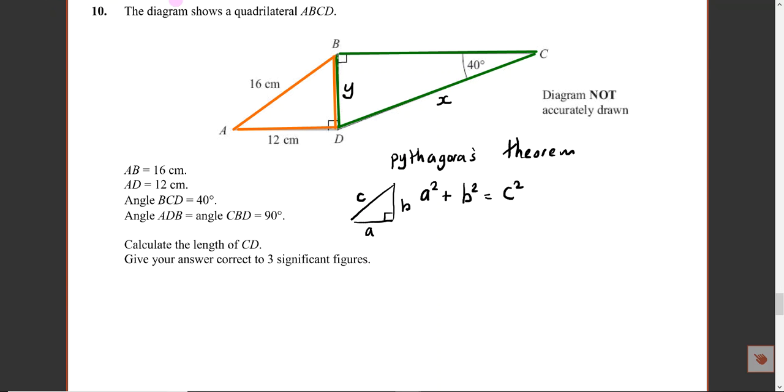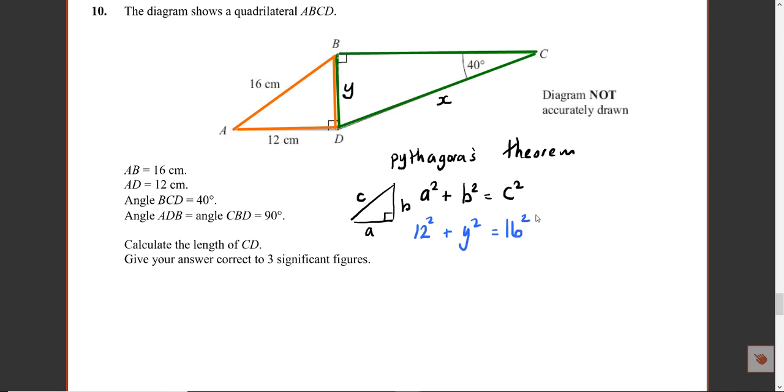Add 16, times 16. So, A squared would be, 16. No, 12 squared. So 12 squared plus, no, y squared, yeah, is 16 squared. How?